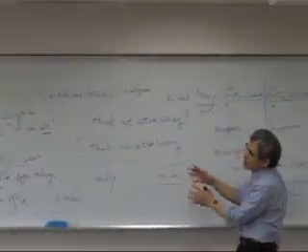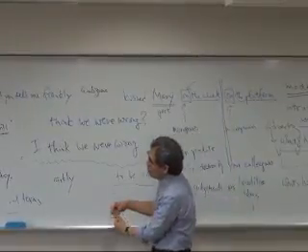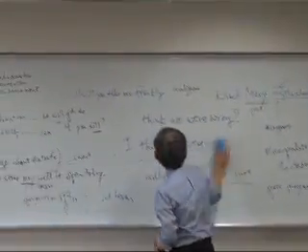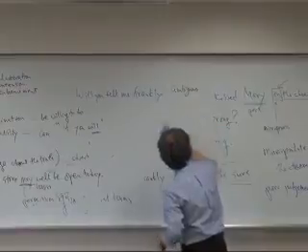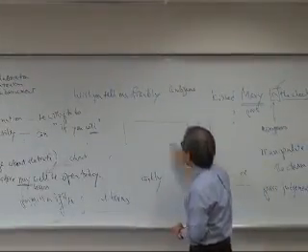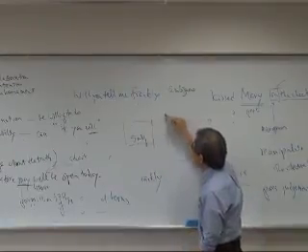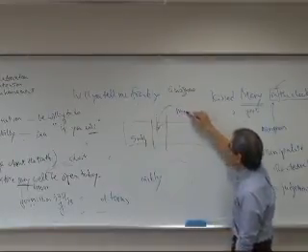Their place in the clause is more central, right? You find modals in the center of a clause. Usually, you find modals right after the subject. So this is the place for modals.